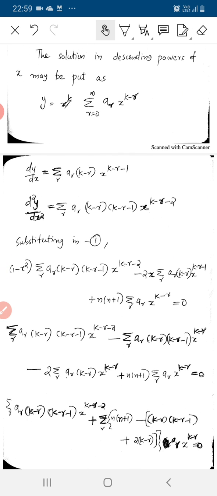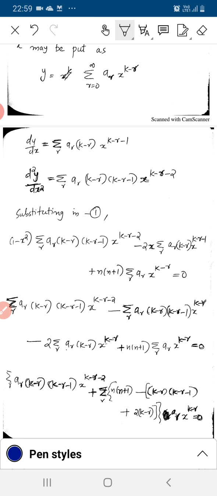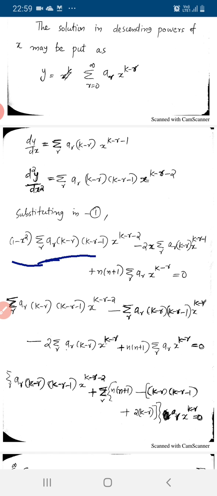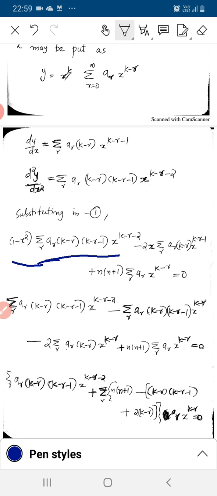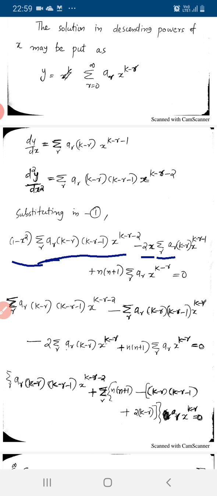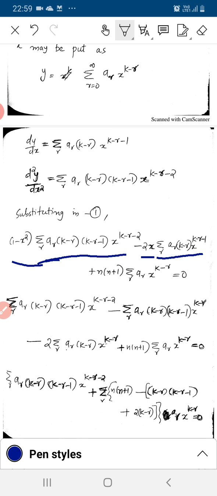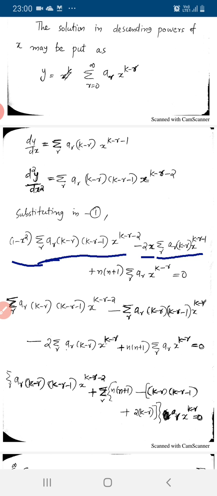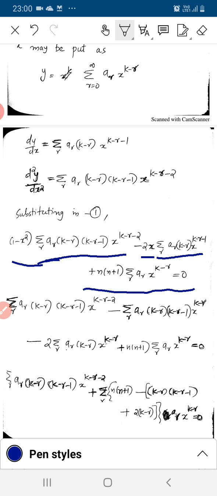As we substitute, we will be getting (1 minus x square) sigma a_r (k minus r)(k minus r minus 1) x to the power k minus r minus 2, minus 2x sigma a_r (k minus r) x to the power k minus r minus 1, plus n into (n plus 1) sigma a_r x to the power k minus r, equal to 0.